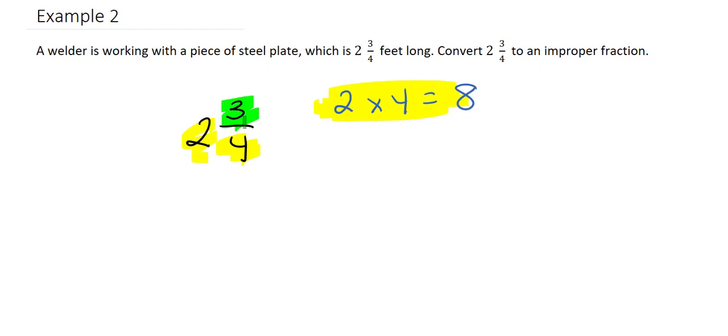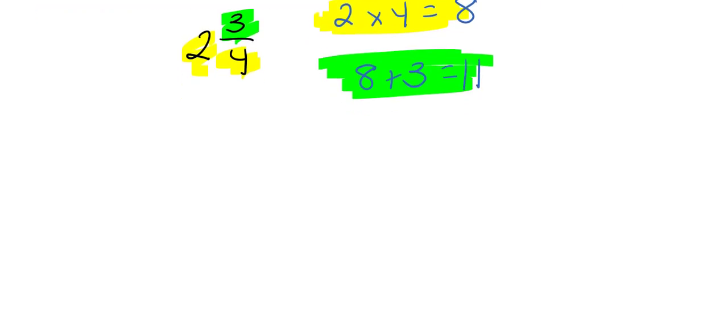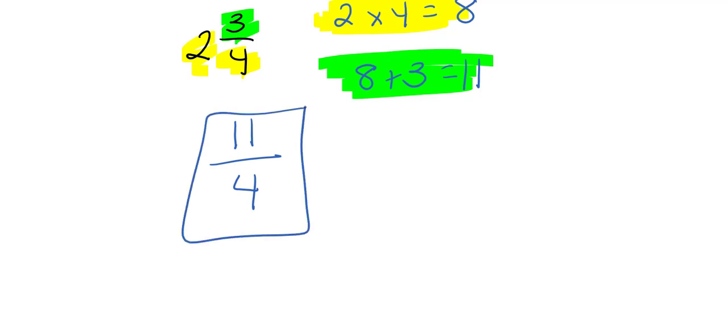Then we go ahead and add. So we're going to add 8 plus 3, so we're adding the product from the 2 times 4 to the numerator. So that would become 11. So now that becomes our new numerator, 11. And then we keep our denominator, which would be 4. So this would be our improper fraction.